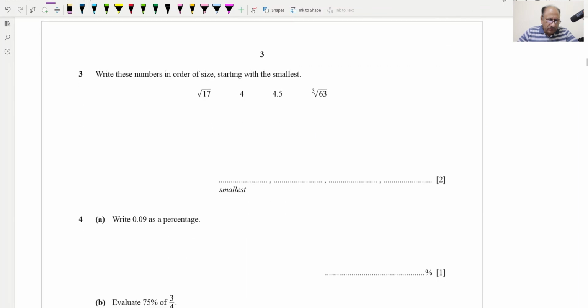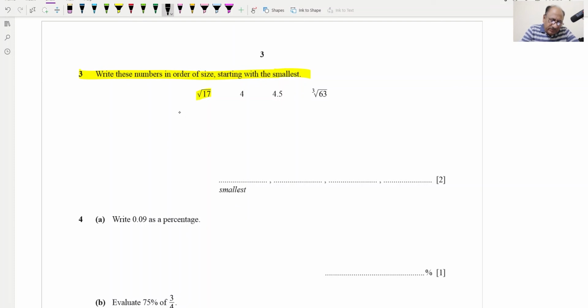Now question number 3. It says write these numbers in order of size starting with the smallest one. So we have to start with the smallest one. Now if we check, this number is root 14 and root 17 basically.